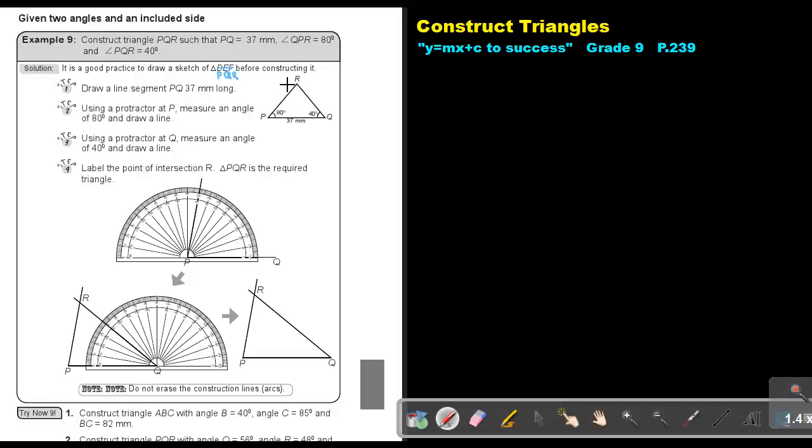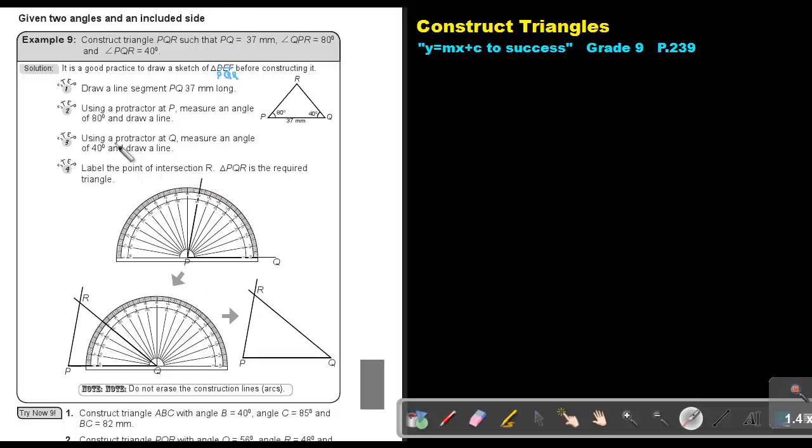So let's start here. Draw a line segment PQ 37 millimeters long. Using a protractor at P, mark an angle of 80 degrees and draw a line.